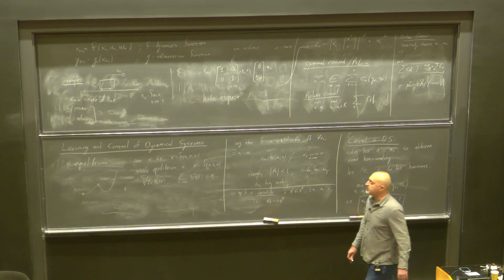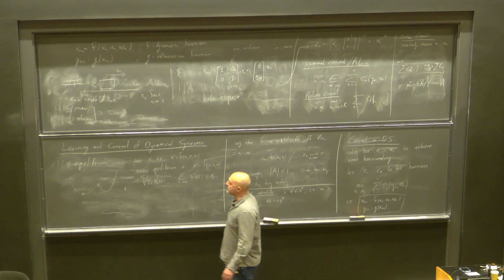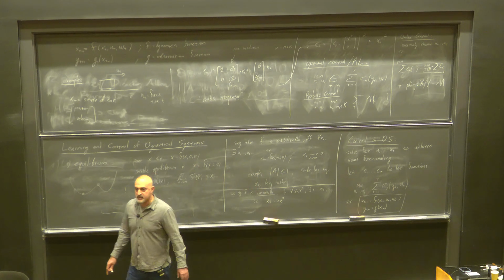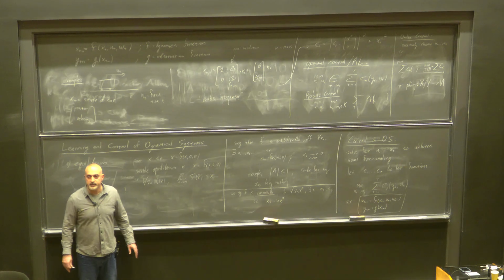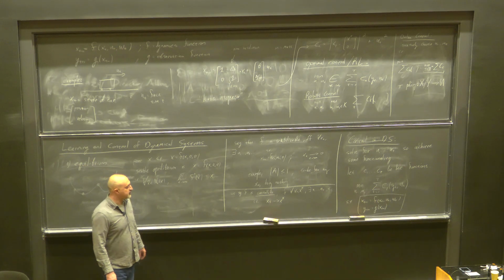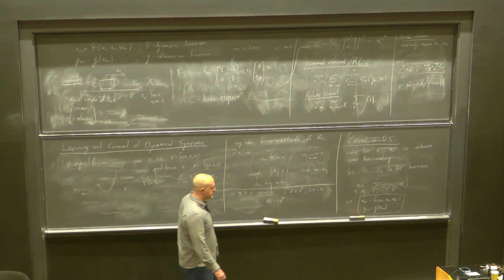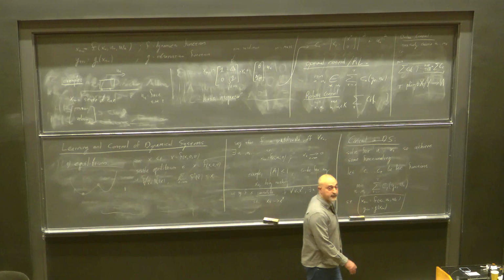For example, if I have a mechanical system of the car, I can make it, with some unbounded force, reach anywhere I want. It's controllable.